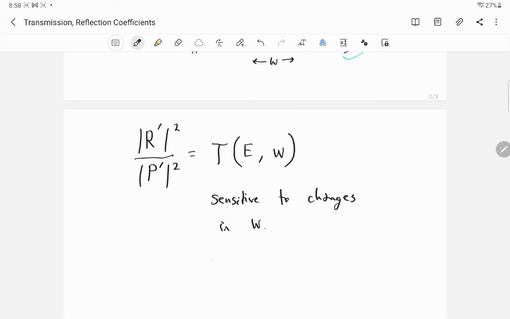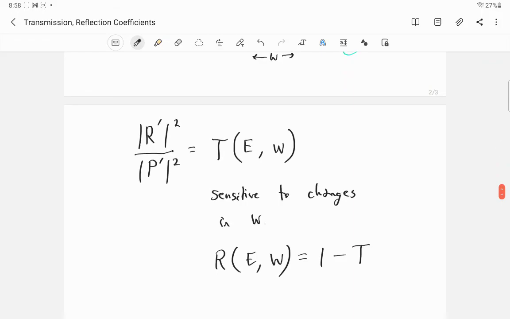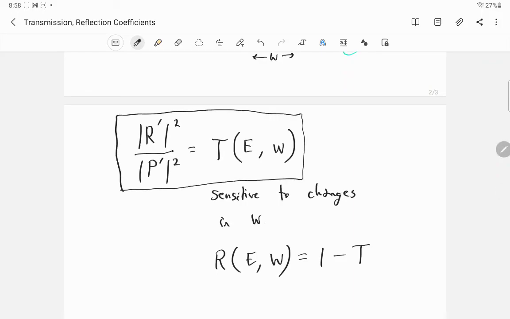By the way, there is also a reflection coefficient, which is also related to the incident energy and the width of the barrier, but it is simply 1 minus the transmission coefficient or the transmission fraction. Okay, so here is what I want to concentrate on next. This is called the transmission coefficient.